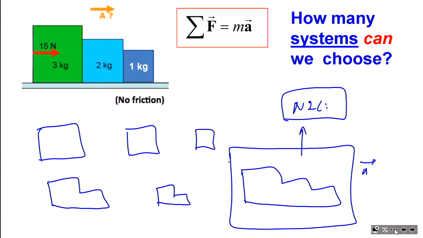And then when we know the acceleration, we can draw a free body diagram for any individual box or for any combination of 2 boxes and calculate all forces which act between those boxes. We have a force of interaction between the first and second box, and the force of interaction between the second and third, and those forces will be different and not equal to 15, of course. And you're going to do this problem in your lab.